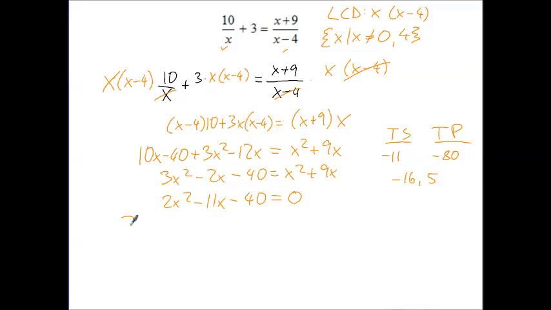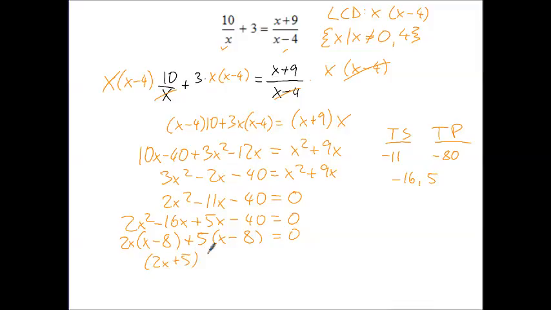Let's split our middle term then. 2x squared minus 16x plus 5x minus 40 is equal to 0. Factoring in groups, 2x times x minus 8 plus 5 times x minus 8 is equal to 0, or 2x plus 5 times x minus 8 is equal to 0.